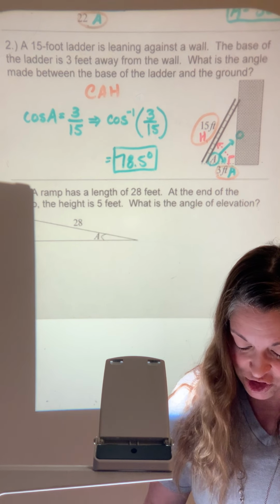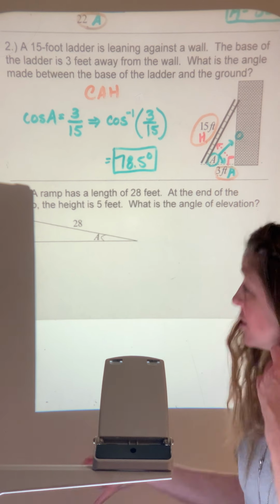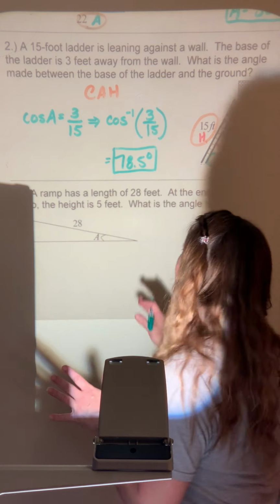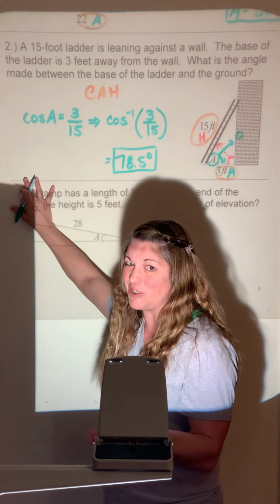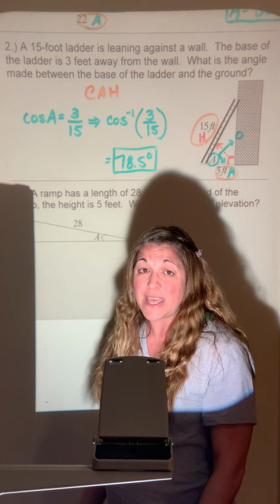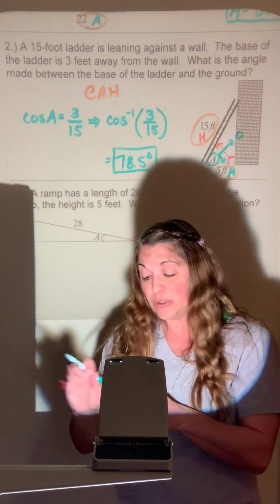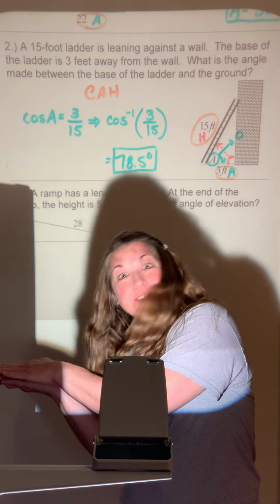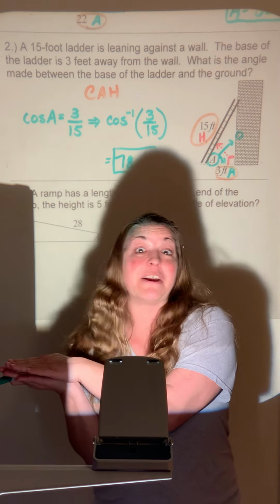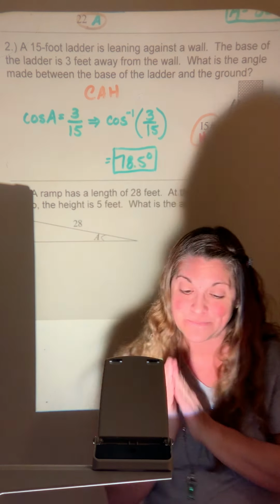Again, just to double check, if you forgot the inverse cosine and you use the regular cosine, you're gonna get 1, okay? There's no way this ladder is only off the ground 1 degree, okay? You ain't climbing very high if it is, okay?